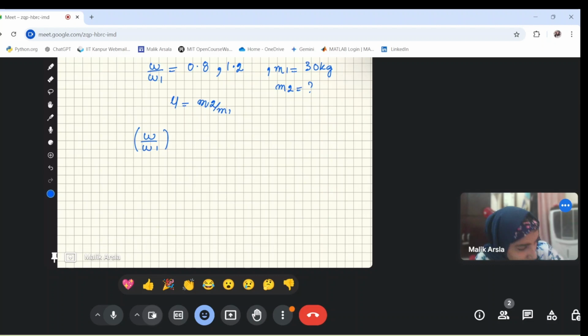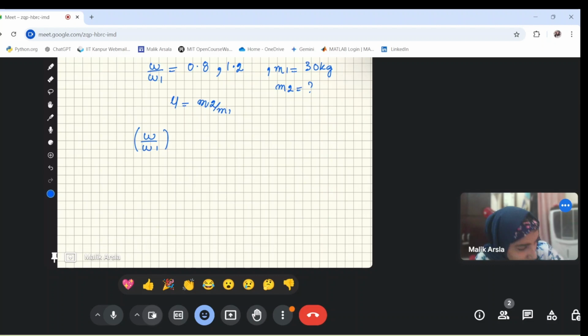Omega n is given as 5000 rpm, and m2 is 6 kg. So first we know that omega n is equal to 5000 rpm, which is equal to 5000 into 2 pi by 60. So we convert it to radians per second.